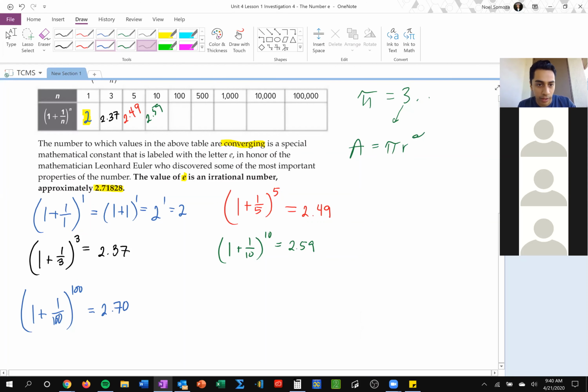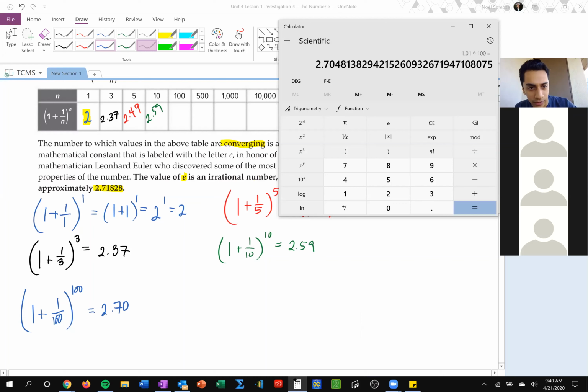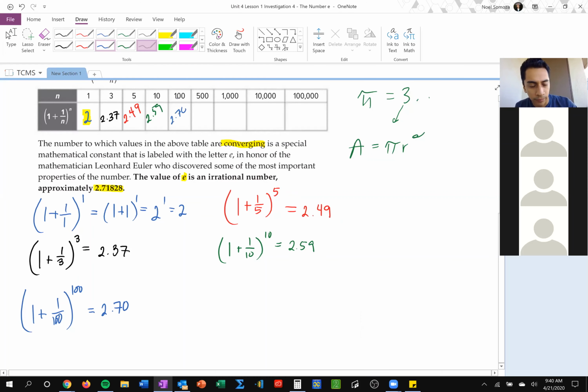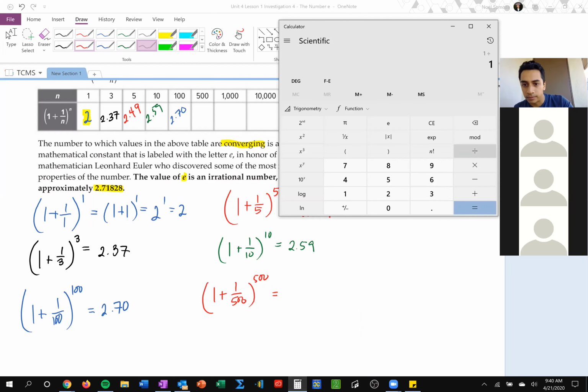All right, now let's try with 500. Let me actually write this in here. So 1 plus 1 over 500, and that's going to go to the 500th power. All right, cool. We've gotten to 2.71.